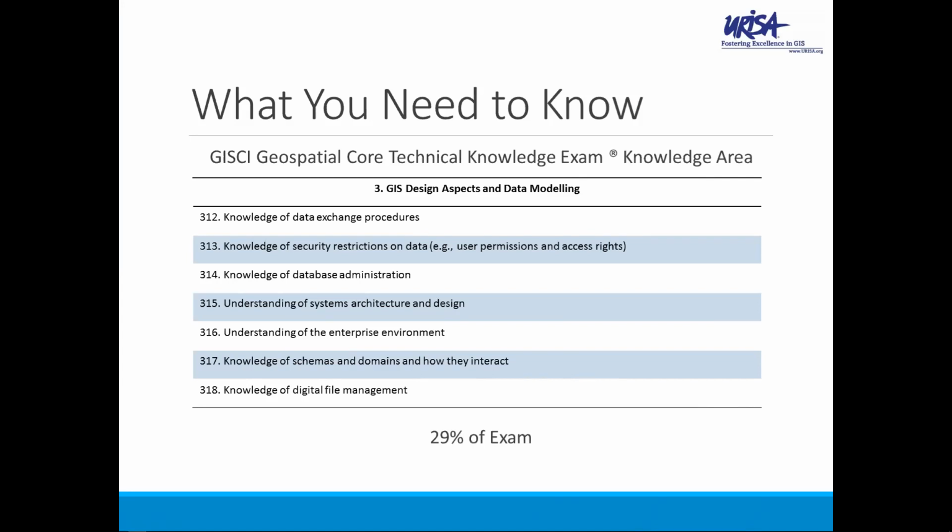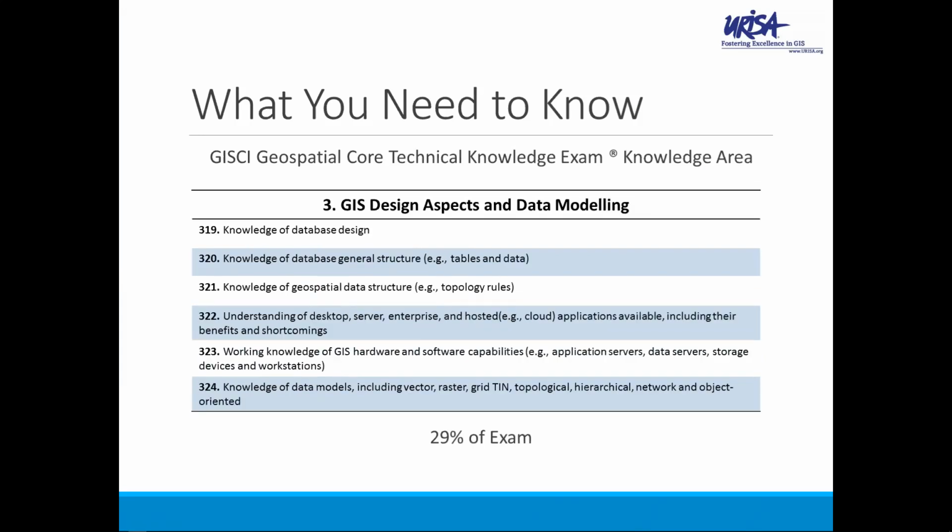quite a number of topics here, and I'm probably not going to have time to get into a lot of detail on each of them, but I want to give you an idea of some of the things you should know for the knowledge areas, so that you're able to look up that information and have a successful writing of the exam.